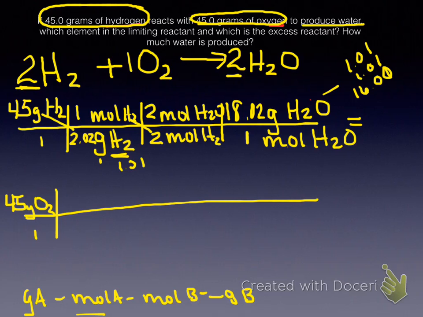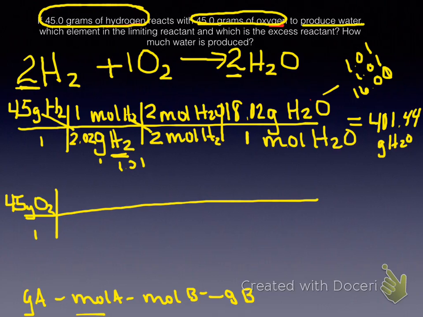I have 45 times 2 times 18.02 divided by 2.02 divided by 2. That's going to give me 401.44, and that's grams of water.